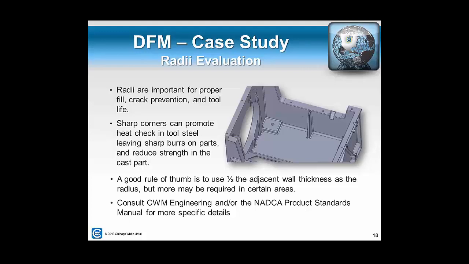And again, talk to the die caster, look at the NADCA standards, and really go through the part from a radii standpoint and try to get as good a design as you can. This, again, is where Magma mold flow analysis comes in very, very handy, because it highlights areas that might be a concern with respect to radii and draft as well.